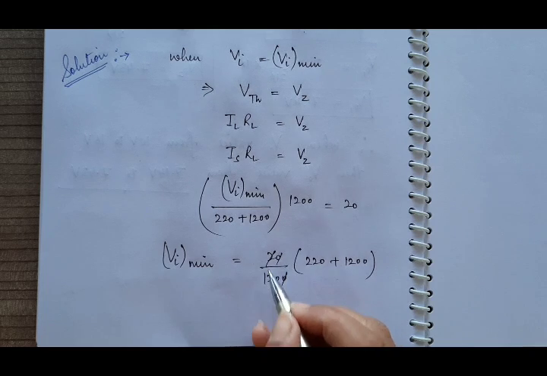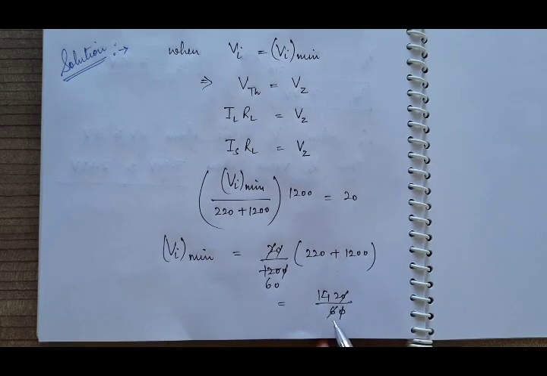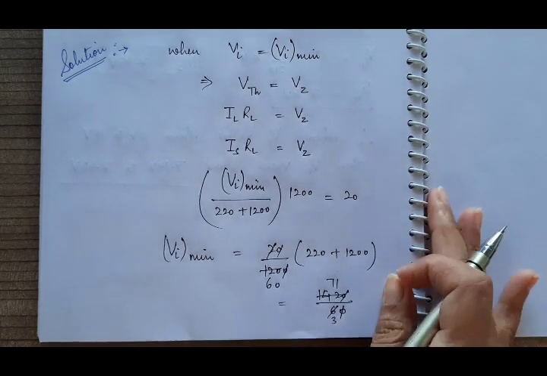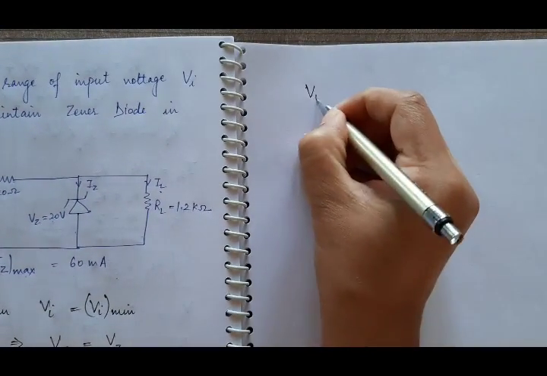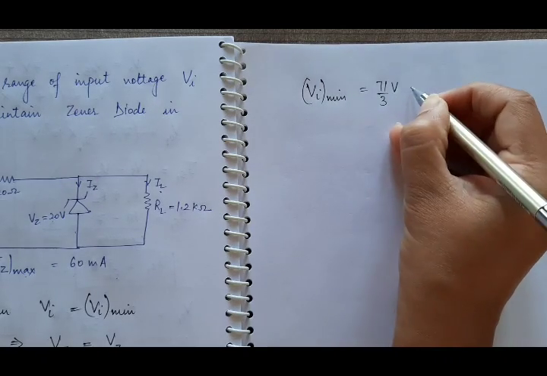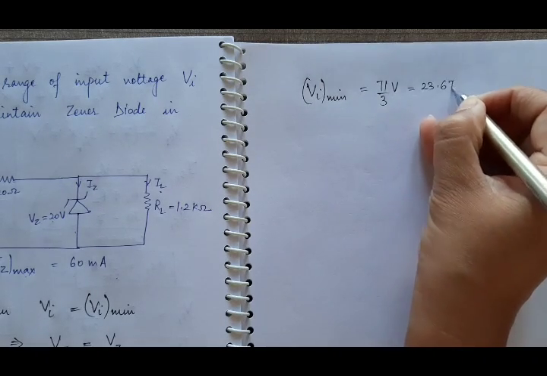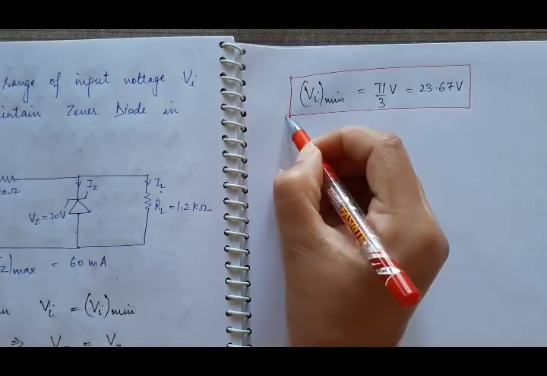So it will be 1420 divided by 60, which is 71 by 3 volts, and it is 23.67 volts. So this is the minimum voltage required to turn on the Zener diode.